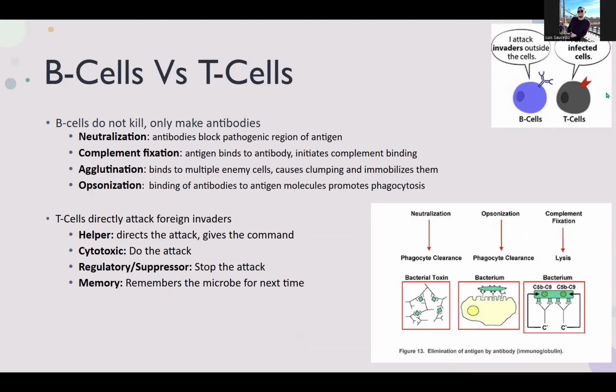Agglutination. Antibodies are kind of like Legos where they can connect together. So let's say I have an antibody that can attach to two bacteria. Well, then another antibody can attach to that antibody and bring in two more bacteria. And a third antibody can come in and connect to those two antibodies with two other bacteria.